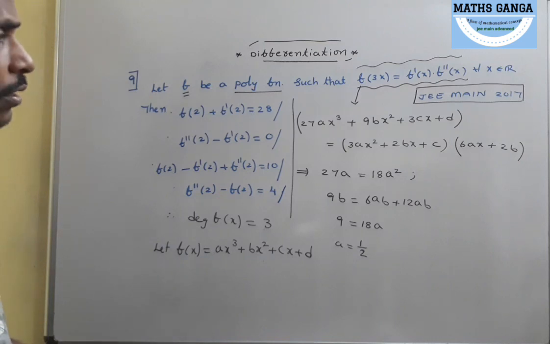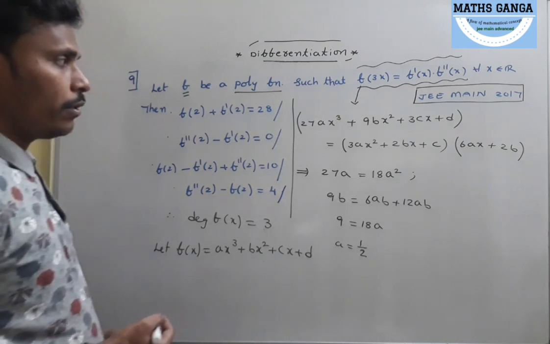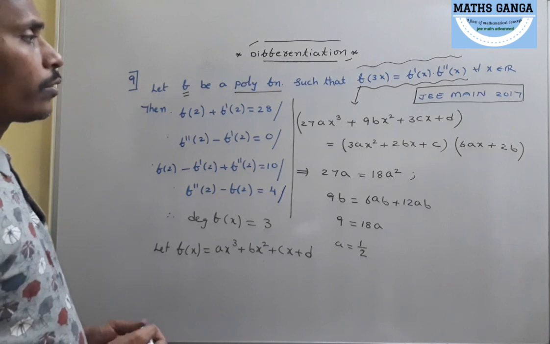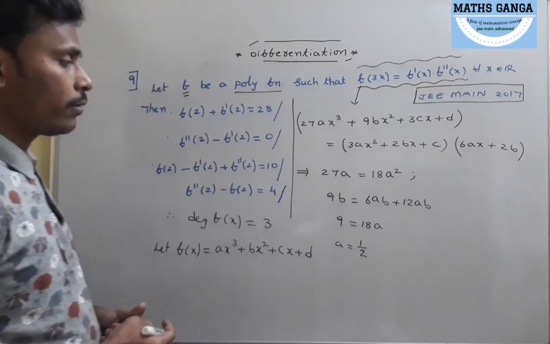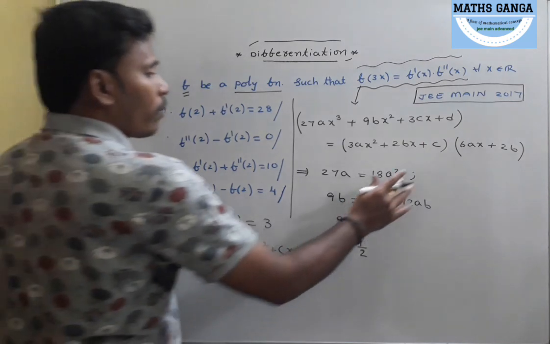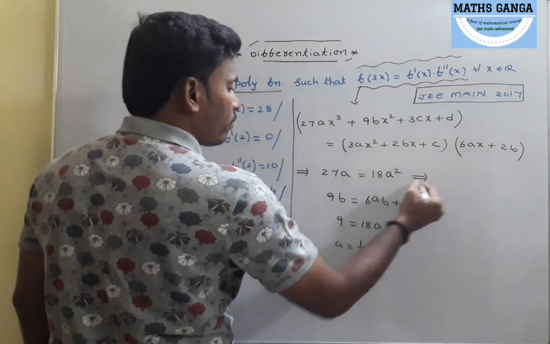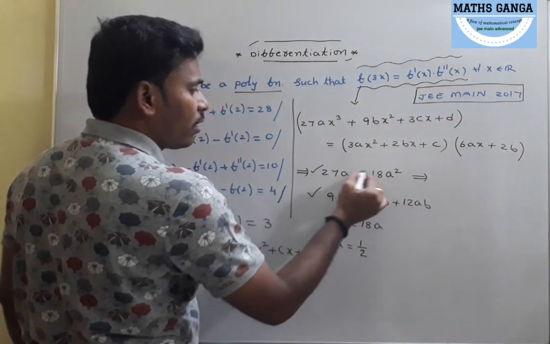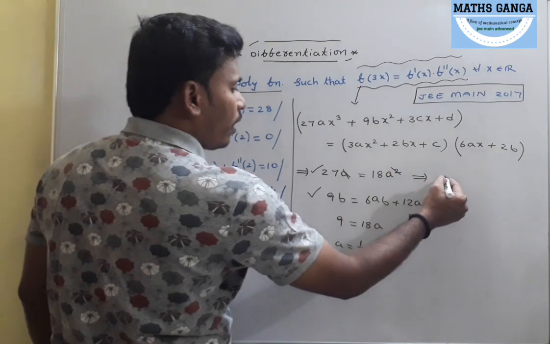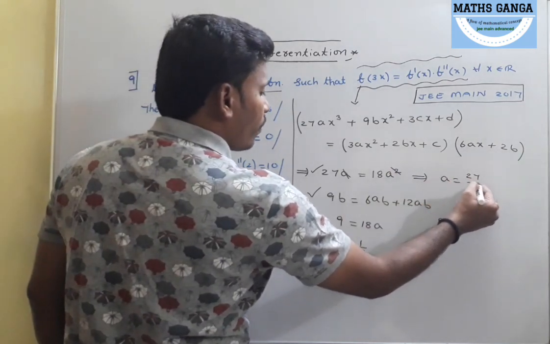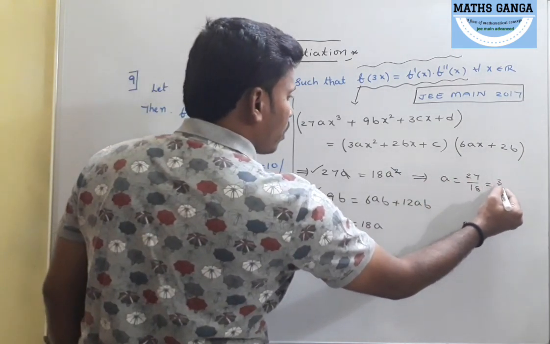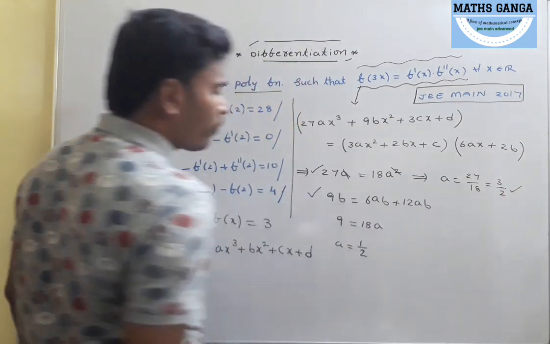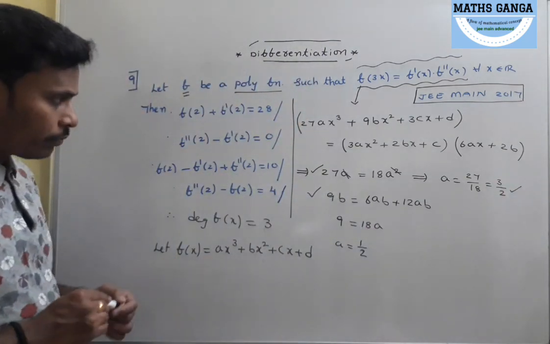Do we commit any mistake here? 3a into 2b, 6ab, 12ab x square. From the first relation, what is a? This is the first relation, this is the second relation. So just cancel out a, and a is equal to 27 by 18, 9 threes and 9 twos. This is 3 by 2, right? Then we have 3 by 2.